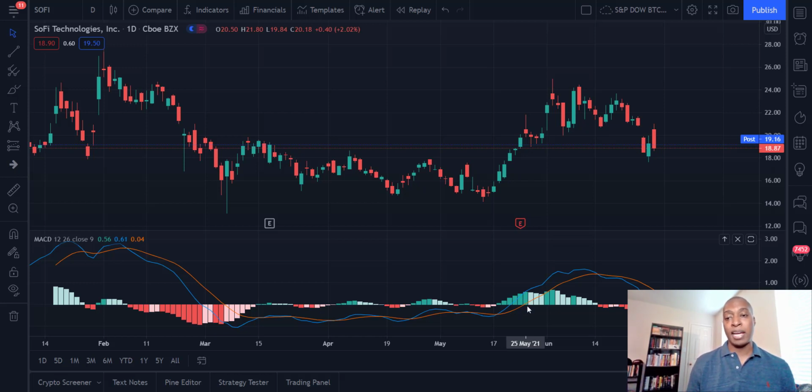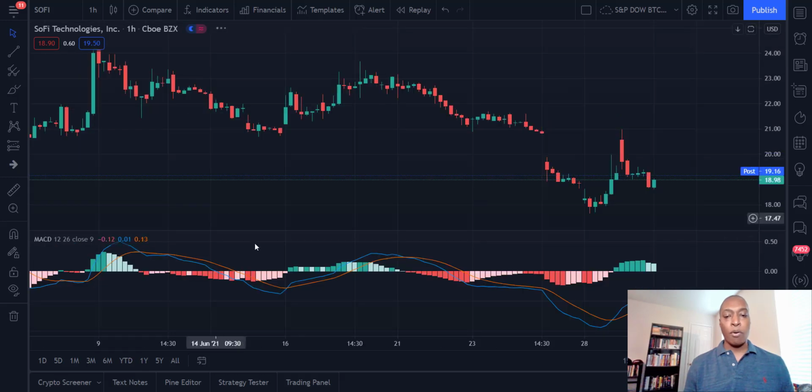The MACD, the blue line, had already done so, and it was just in time. You get this pop here, and then we've recently had another on the 15th of June, a couple weeks ago, a bearish crossover, but we've not yet crossed the zero line. And that's all on the daily. Let's take a look at the hourly.